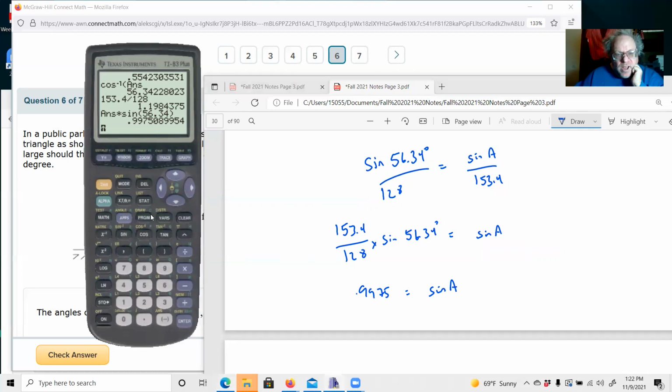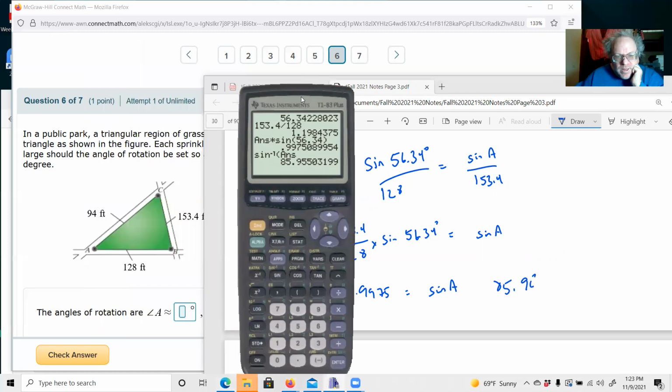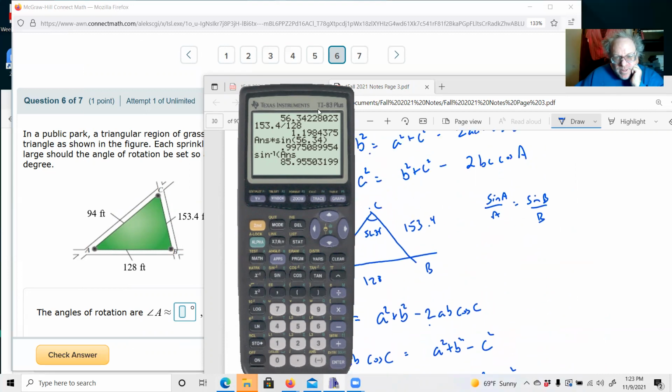Take the inverse sine, so the inverse of your sine, and we got 85.96 degrees here. So my angle A is 85.96 degrees.